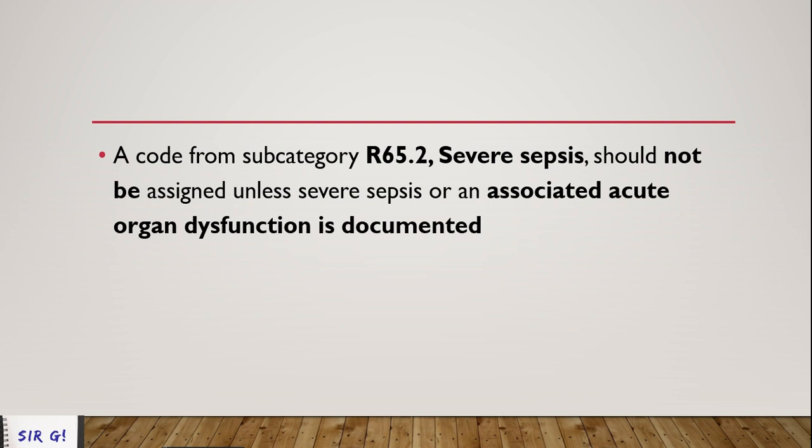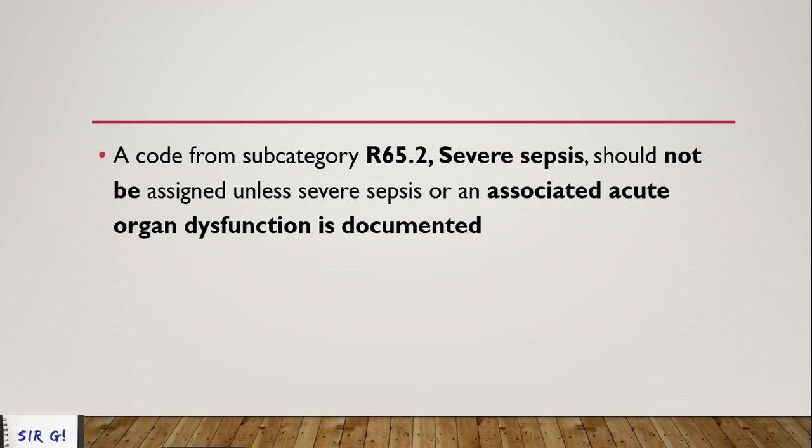But as mentioned in this guideline, it should not be assigned unless severe sepsis is documented or an associated acute organ dysfunction is documented. Now, there are cases, since I've been mentioning that in the other guideline, you cannot code severe sepsis without organ dysfunction, meaning the opposite of that is you can only code for severe sepsis if there's already an organ dysfunction. Okay, it's the opposite.